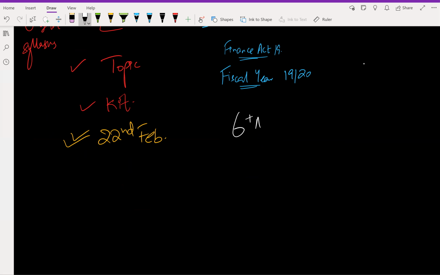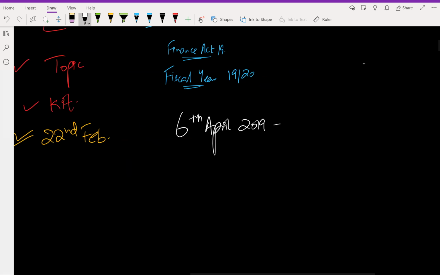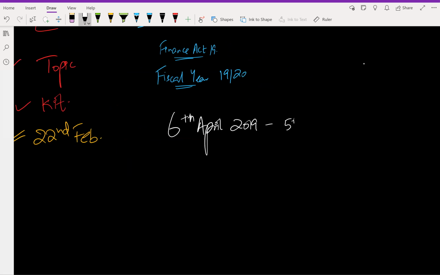It starts from 6th April, so in our case 2019, to 5th April. Okay, so that's your fiscal year. The financial year for companies, for which companies pay tax, is 1st April to 31st March.